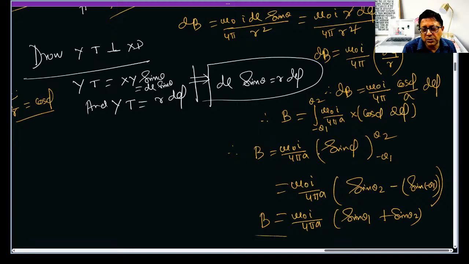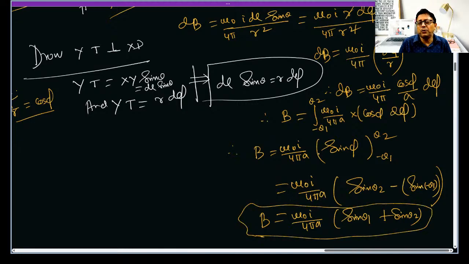So B will be equal to mu 0 I by 4 pi a, sin theta 1 plus sin theta 2. And now this is a very important tool for you for all competitive exams. For a straight wire, if you can do it, you can do it for a long straight wire. You just tell me how to do it for a long straight wire.